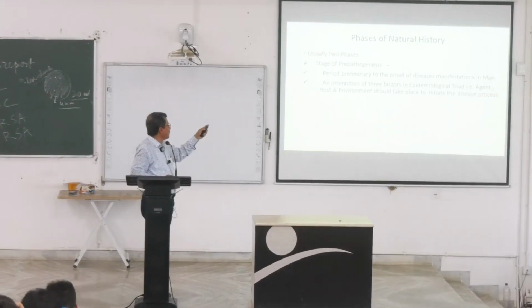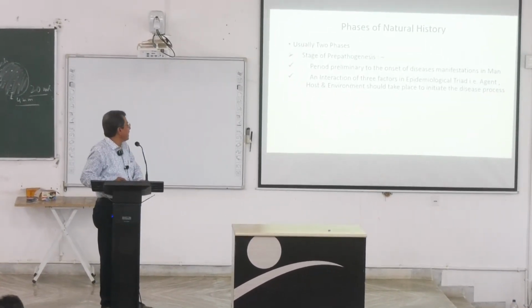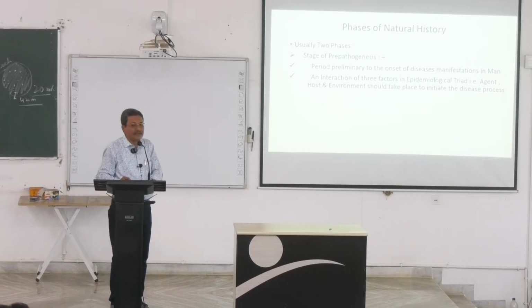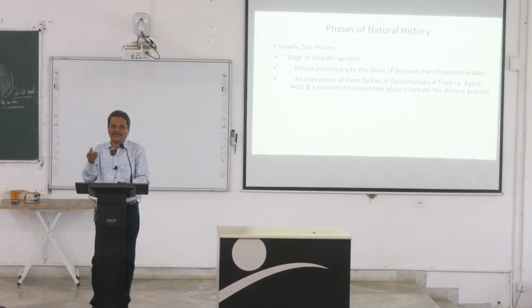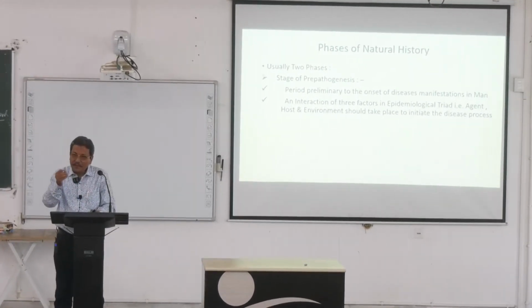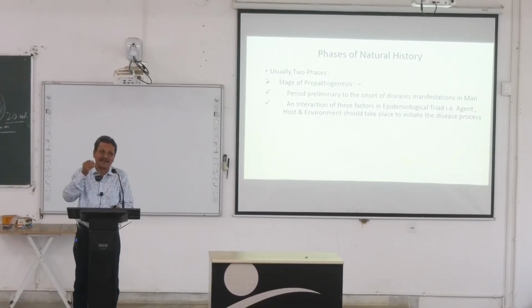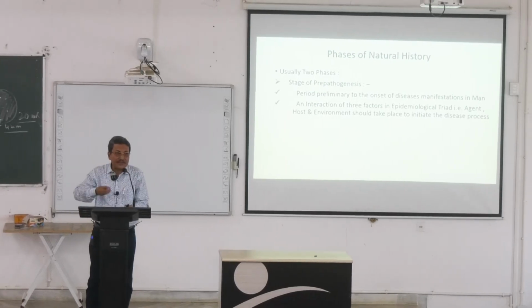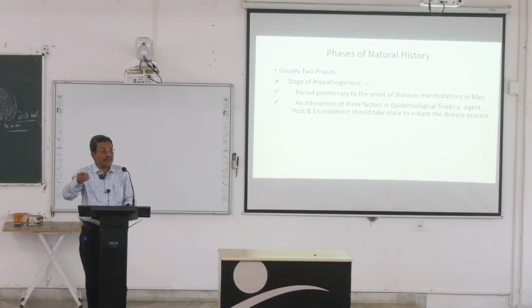There is an interaction between the three factors of the epidemiological triad, agent, host and environment, to start the process. Interaction started, but manifestations are not yet there because the pathological stage has not yet started.